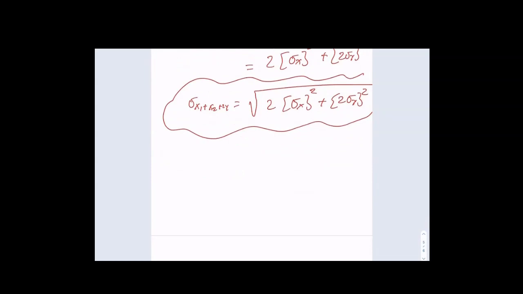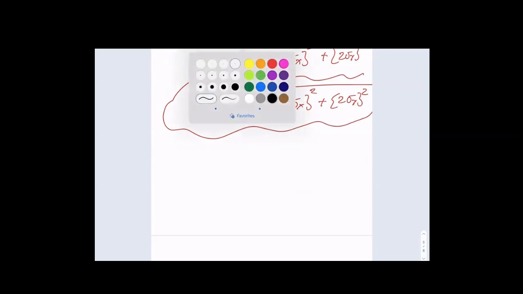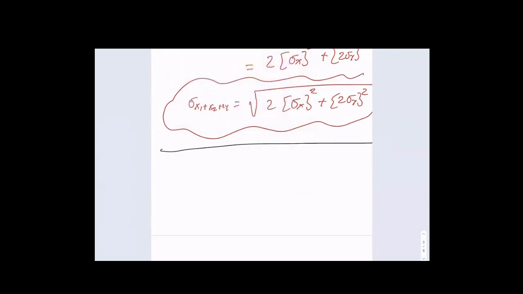All right. Ready for an example? And we got 9 minutes. So in your homework, they're going to give you the mean and standard deviation, so it's just going to look like the previous problem. In this problem, I'm going to tell you that the standard deviation of x is 5, and the standard deviation of y is 3.